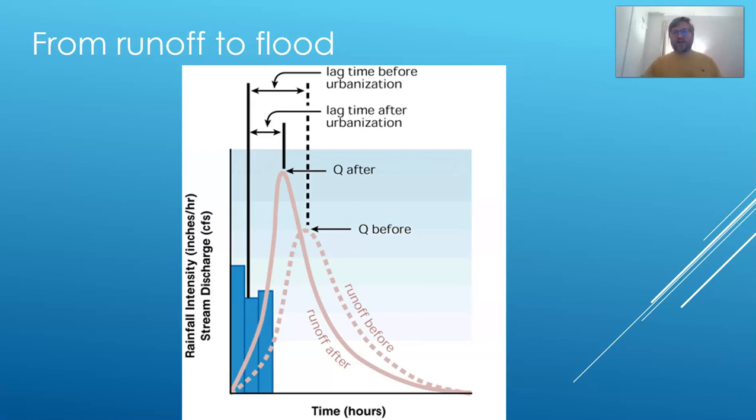It's just shooting right out there through our sewer systems and our drainage channels. So the peak is happening sooner. The peak is also higher. So we get lots of water going into the stream right away, and then that peak falls back down very quickly. So our peak happens sooner and it's bigger when we have more stuff paved and built over.